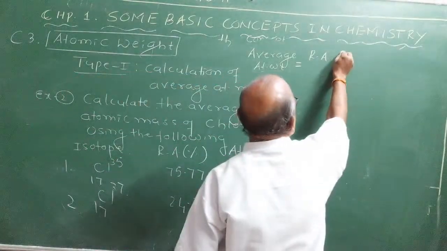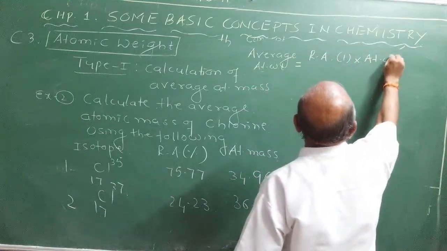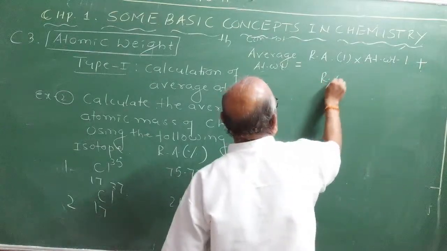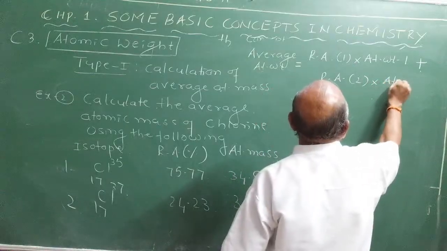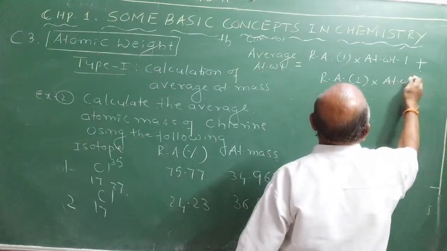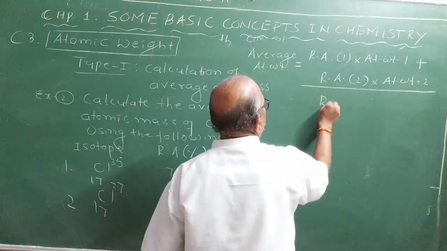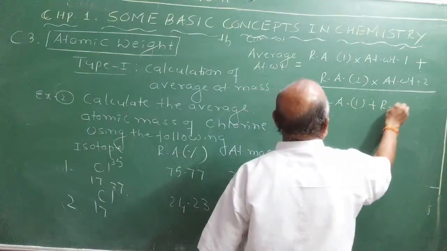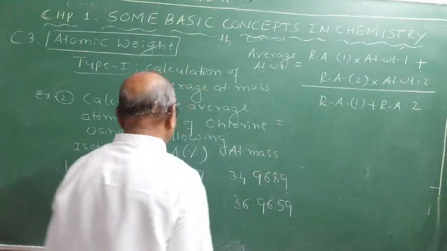Relative abundance of isotope 1 into atomic weight of 1 plus relative abundance of second isotope into atomic weight of second isotope, whole divided by relative abundance of 1 plus relative abundance of 2. Generally it will be 100. You can write now.